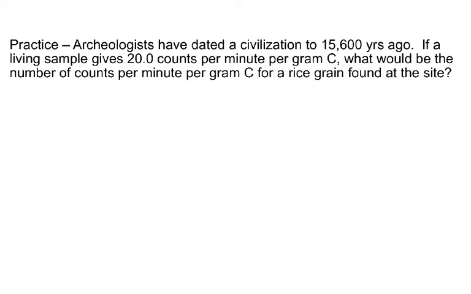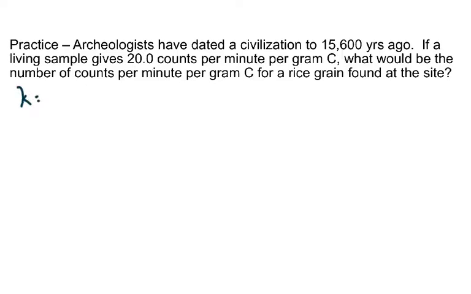All right, next question. Archaeologists have dated a civilization to 15,600 years ago. If a living sample gives 20 counts per minute per gram of carbon, what would be the number of counts per minute per gram of carbon for a rice grain found at that site? I'm going to just use my k value that I calculated on the last slide.